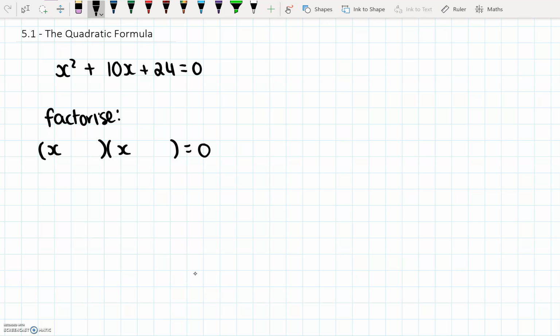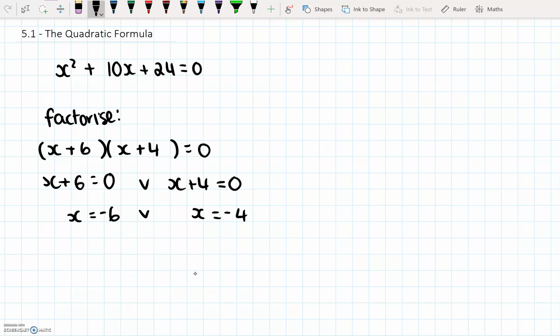Two numbers that multiply to give 24 and add to give 10 are 6 and 4. So we can go (x + 6)(x + 4) = 0. So x + 6 = 0, or x + 4 = 0. x is minus 4, or x is minus 6. That's how we can solve it by factorizing.